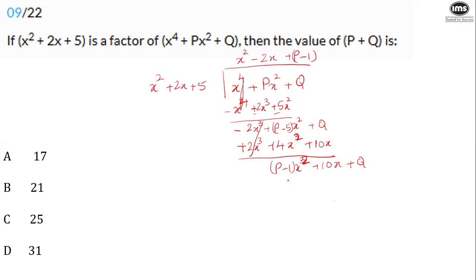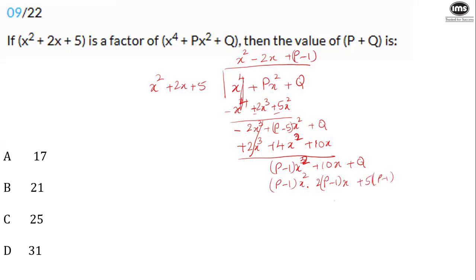P minus 1 x square, then 2 into p minus 1 into x. And then we have the last part, plus 5 into p minus 1.